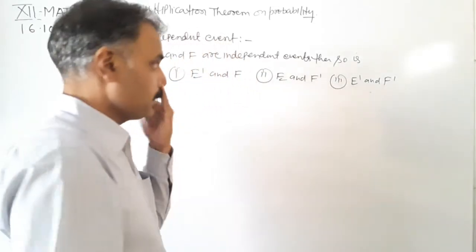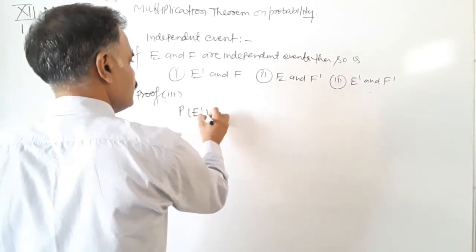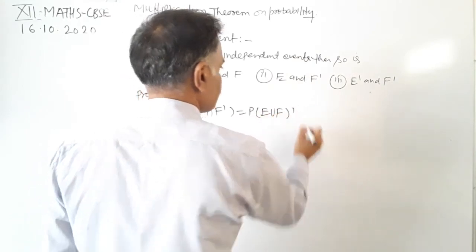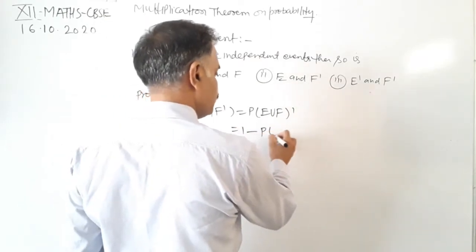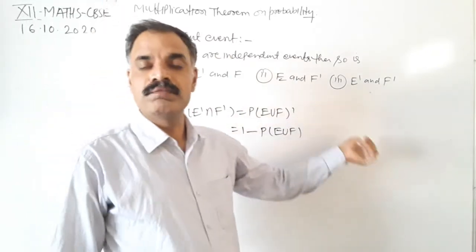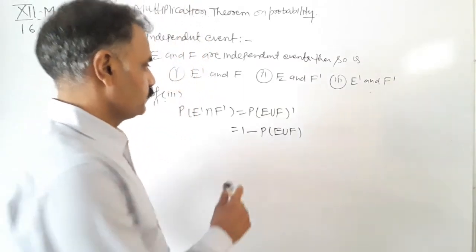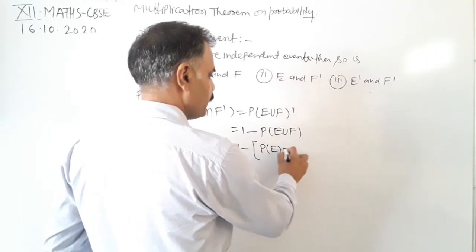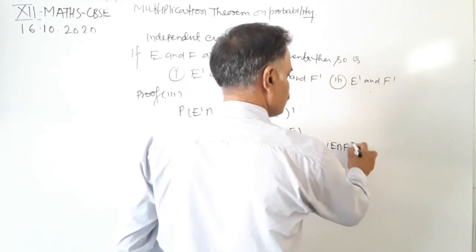So the third result is P(E dash intersection F dash). This can be written as P((E union F) whole dash), and this is 1 minus P(E union F), the complement. So this is equal to 1 minus P(E union F), which means P(E) plus P(F) minus P(E intersection F).